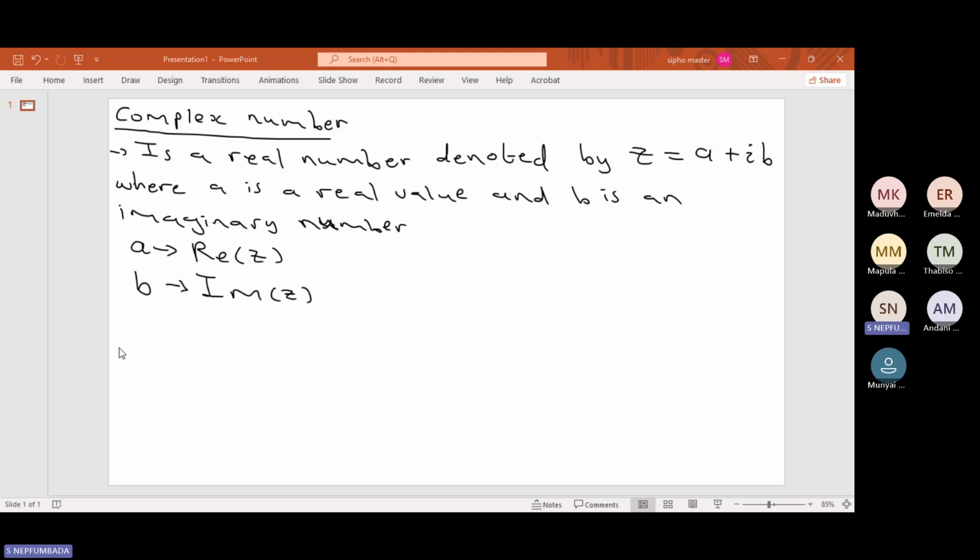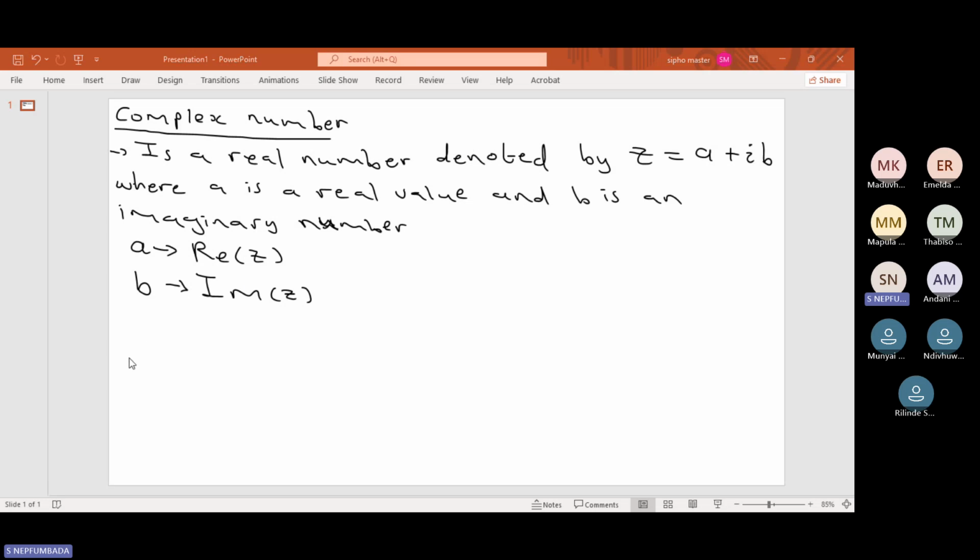Again, we have said that when we are talking about the complex number, or let's say as an example, we can solve using a quadratic equation in the form of ax squared plus bx plus c is equal to 0.